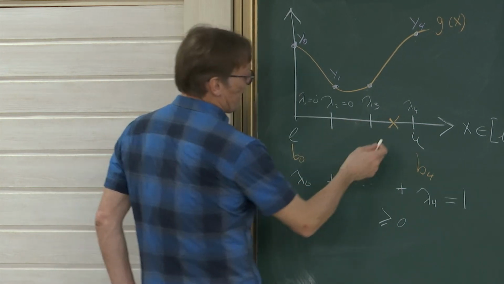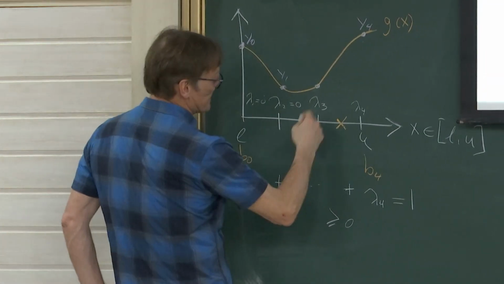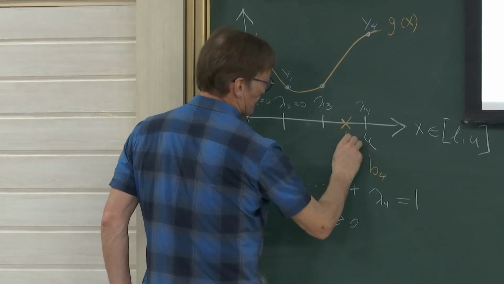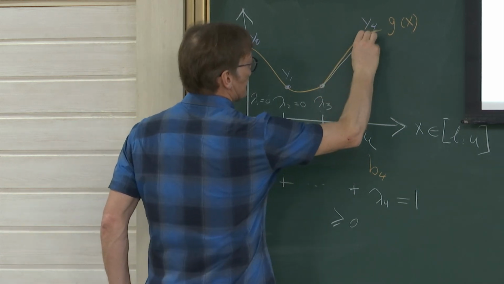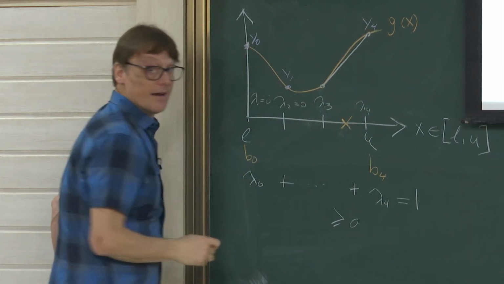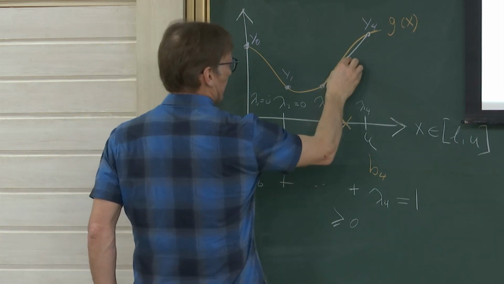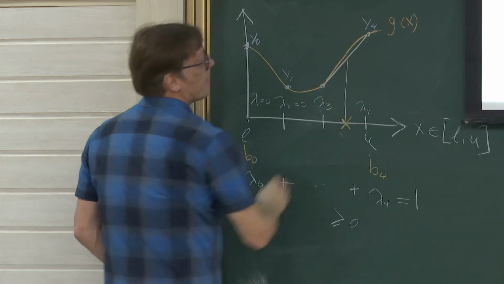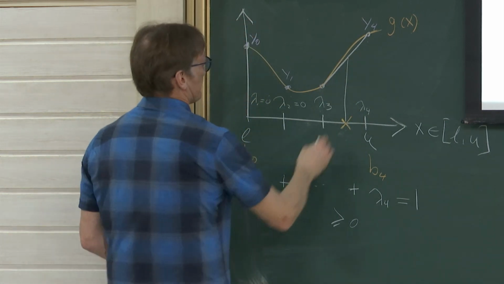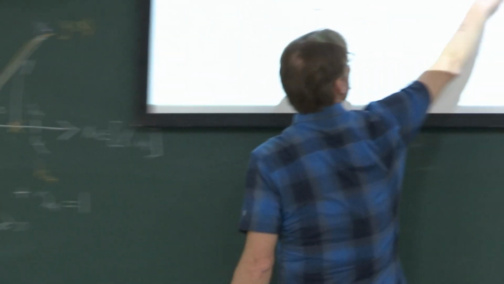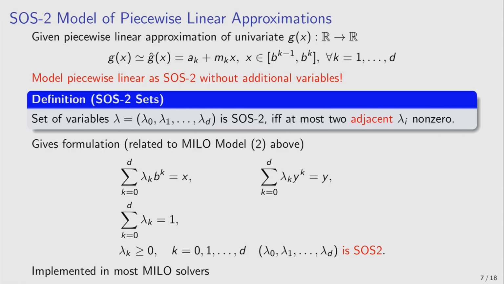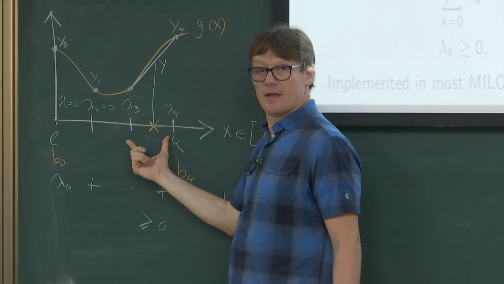And now I work out where I am, and let's assume for the sake of argument that each of them contributes a half. Then the value of y that you compute there is given by, again, this convex combination of the y values that I have, just with these two lambda values.